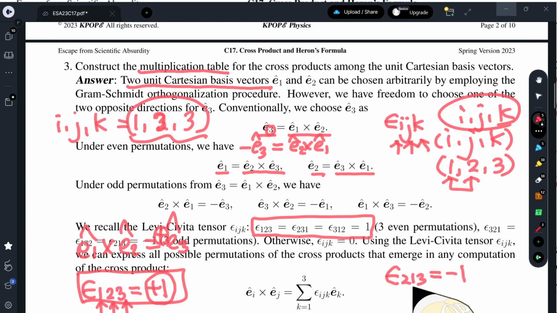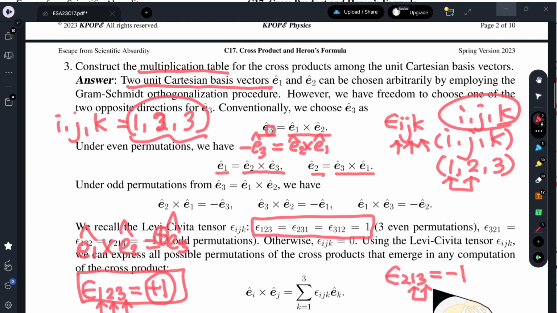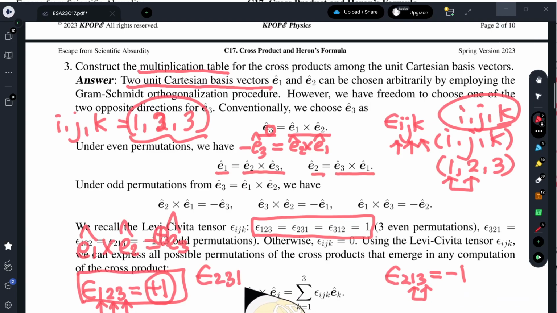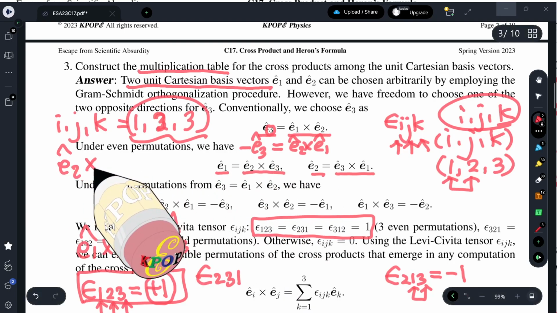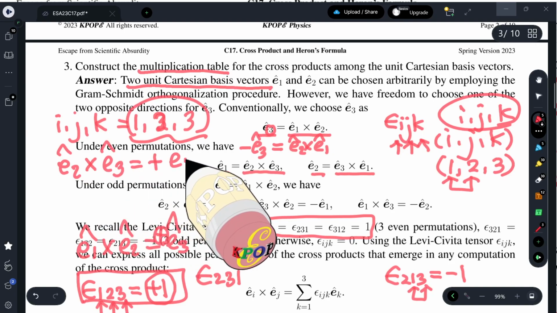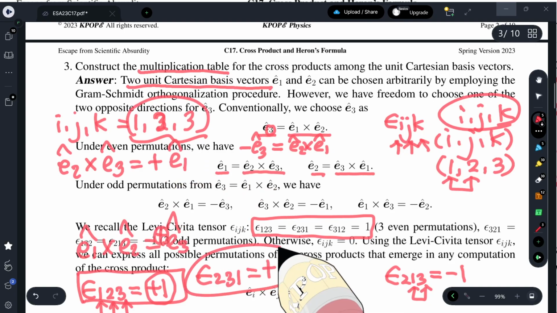What happens if I exchange this 1 and 3 one more time? Then I would get epsilon 2, 3, 1. And the value of epsilon 2, 3, 1 follows from the fact that e2 cross e3 equals plus e1. We find that it is again plus 1.